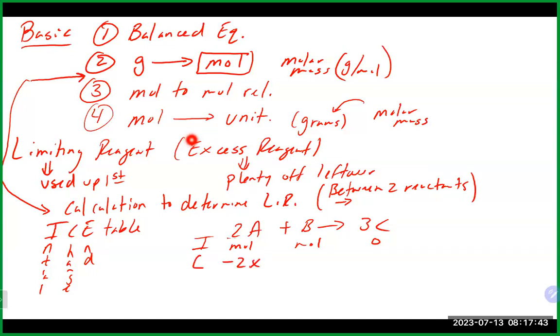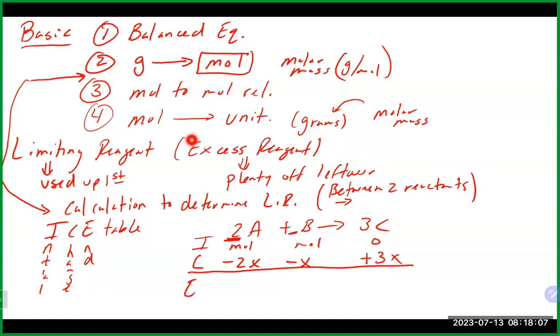And once again, as we talked about, the importance of including the coefficient here is that it is the mole-to-mole relationship, the stoichiometry of it. If you don't include that number with the x, you're not doing the correct mole-to-mole relationship, and you will get the wrong answer. This would be minus x, and this would be plus 3x on the product side.